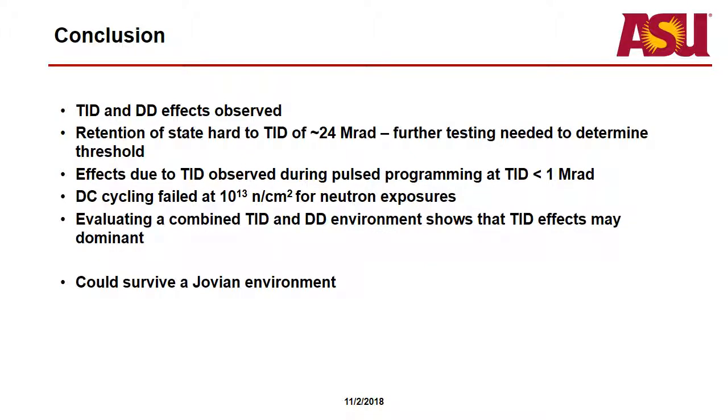So in conclusion, with both Cobalt 60 tests, with the neuromorphic programming, in addition to other studies on bulk films, we see TID effects. And as far as displacement damage effects go, for doing the IV sweeps, we see effects due to neutrons. So we see effects due to TID, we see effects due to displacement damage, and in the end, both of these could end up having the same effect on the device.